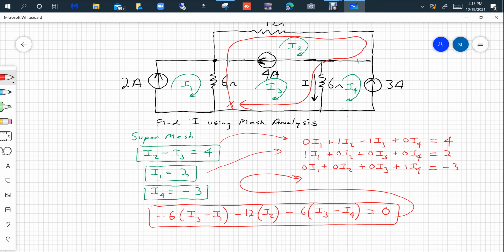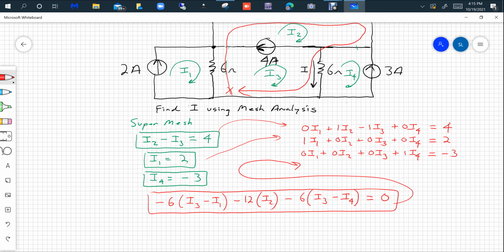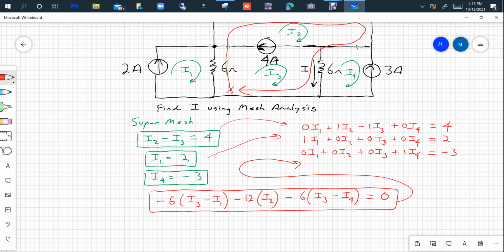In this particular problem, we wanted to find I. If you take a look at the original circuit, the way we defined these currents, I goes from top to bottom through that 6 ohm resistor up here, right there. So I3 is the lead current. So I is simply going to be equal to I3 minus I4. It goes in the same direction as I3. So I3 minus I4.